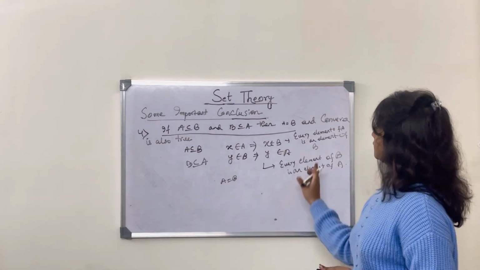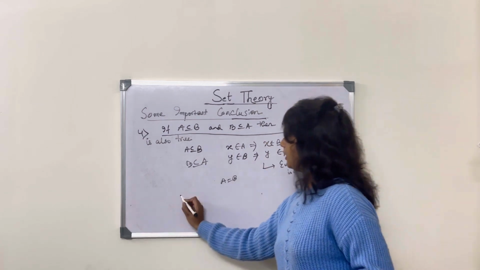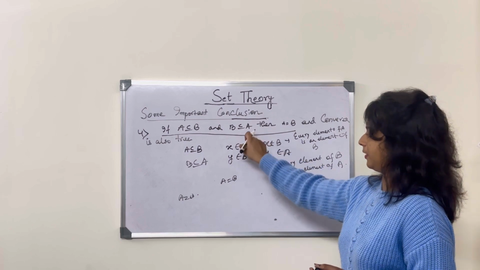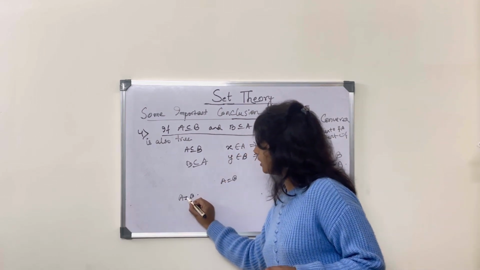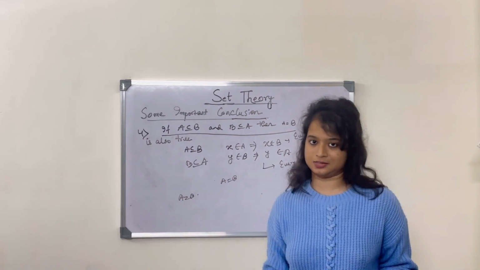Next, for the converse part, it is given that A is equal to B. We have to prove that A is a subset of B and B is a subset of A. I have already told the definition of equal sets.